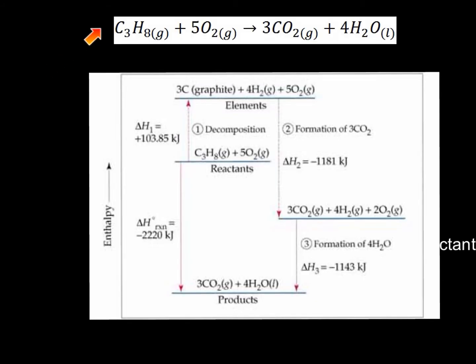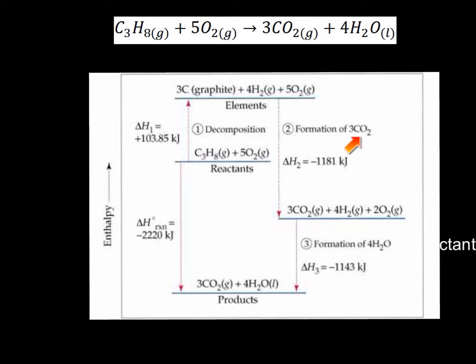This equation shows the combustion of 1 mole of propane gas. This enthalpy diagram depicts the enthalpy changes for that equation. We can see that the reaction occurs in 3 steps, where first of all the hydrocarbon has to decompose and the bonds in the oxygen molecules also need to be broken in order for the molecules and the atoms to rearrange themselves.